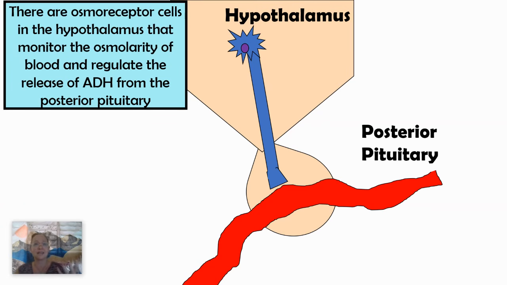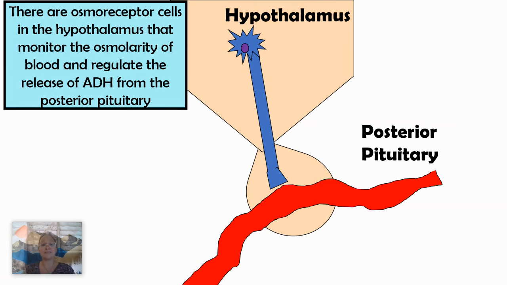There are sensors, especially in the back part of your brain, in your brain stem, but also in your hypothalamus, that measure your blood osmolarity. So what is your solute concentration? Are you hypertonic, hypotonic, isotonic? What is your blood osmolarity?